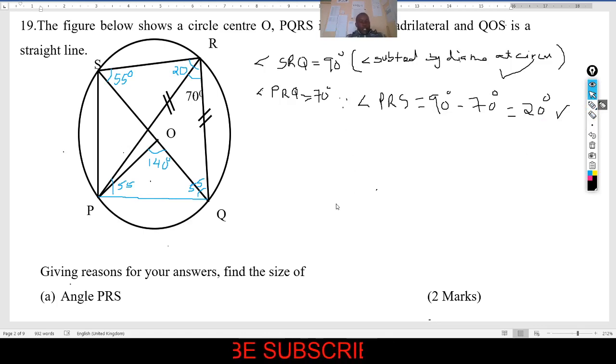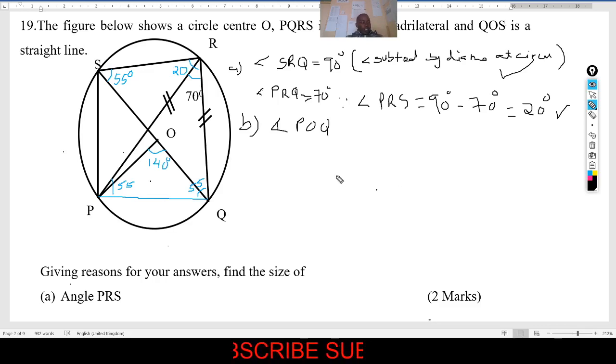The next question is that we find angle BOQ. Angle POQ, I've already found is 140 degrees, but we must show it.